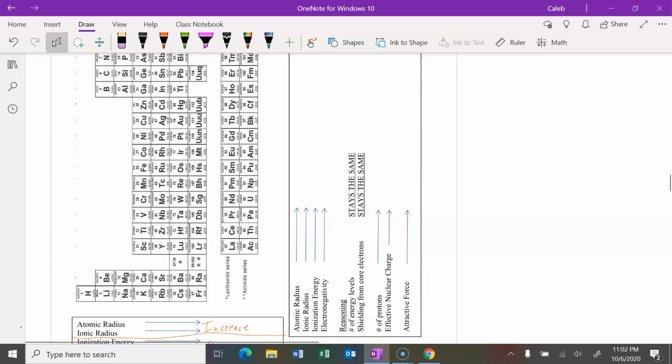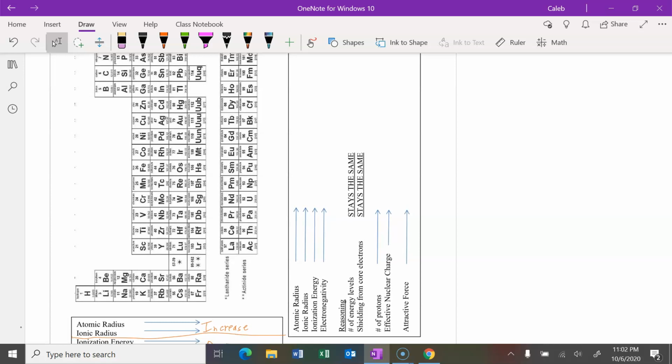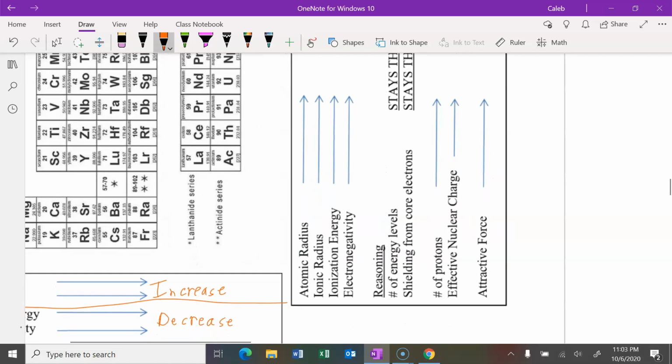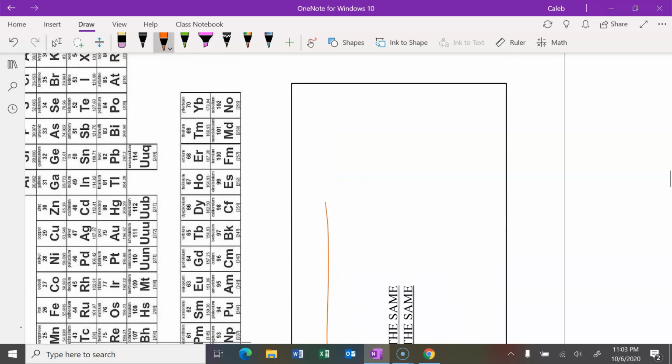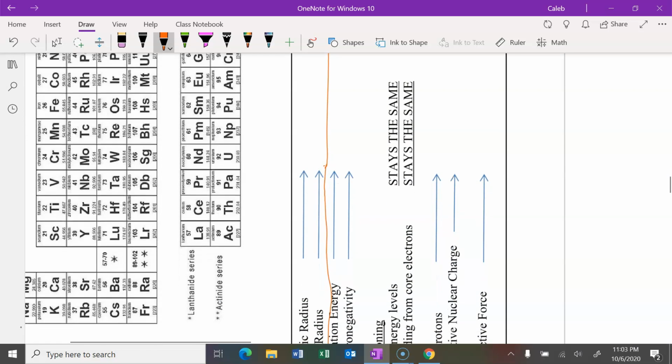I'm going to zoom out a little bit to do this next part. The atomic radius and the ionic radius, again, are going to follow the same basic trend. And then the electronegativity and ionization energy and whatnot, those follow the same trend as well.